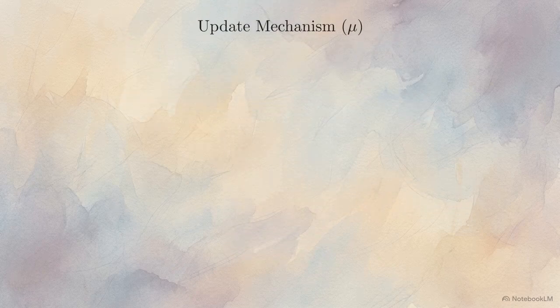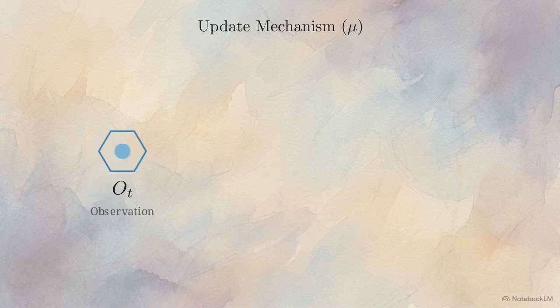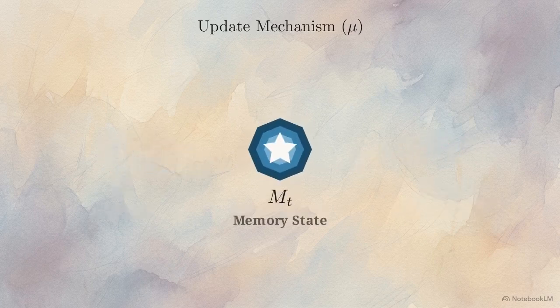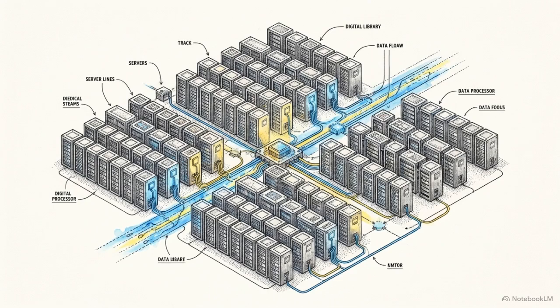The update mechanism calculates the new memory state by combining the latest environmental observation, the agent's previous reasoning trace, and the immediate feedback from its last executed action. These active retention policies prevent the language model from collapsing under its own context limits, allowing it to maintain coherence over thousands of execution steps.